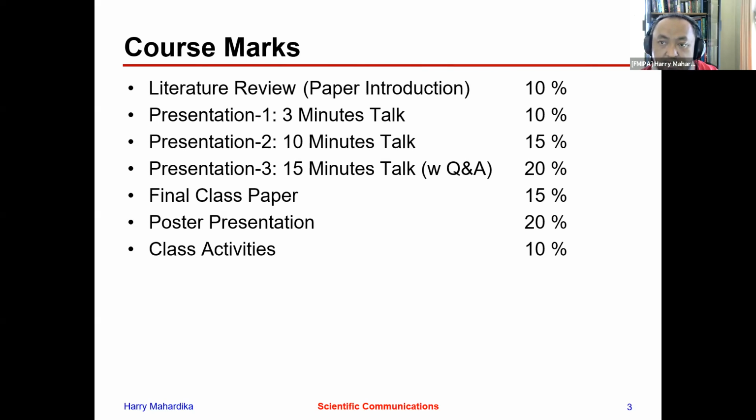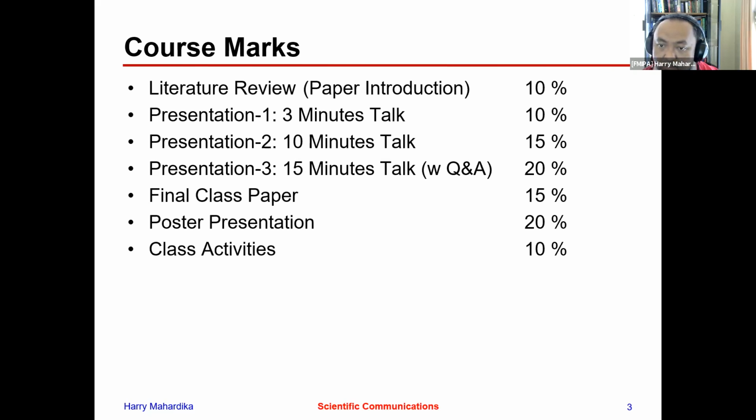It means that we are interacting in some sessions, you are replying and also asking questions, and so on. That will be included in the final mark, contributing 10% of your final mark.